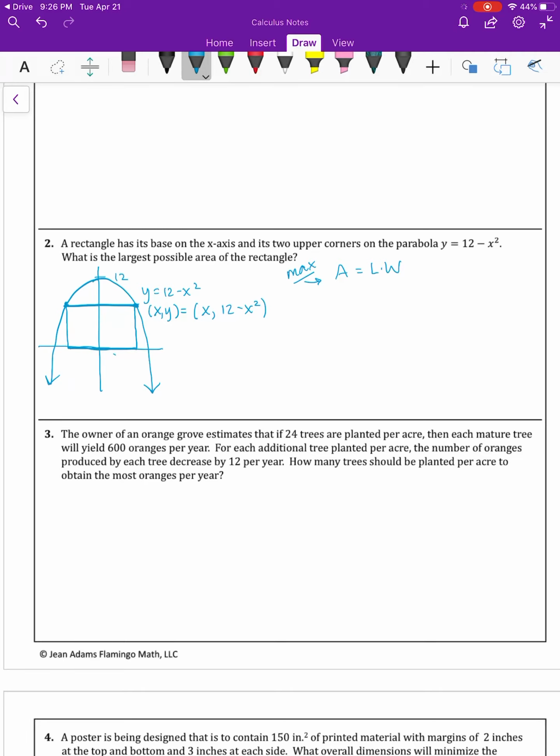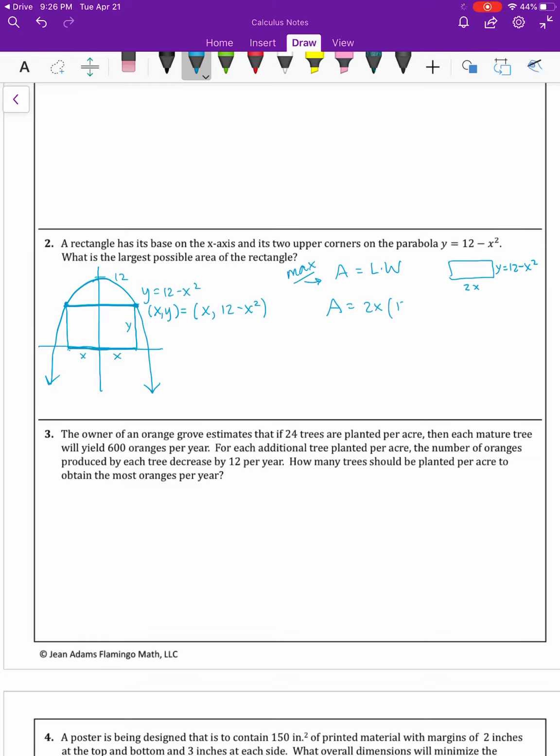So now, they want the largest possible area of the rectangle. I know that the area of this rectangle is length times width, and this is what I'm going to maximize. When I think about this point right here, I'm starting at 0, 0, and I'm going x over here, and I'm going y up to here. I also know that this is symmetrical, so this is also going to be the same x.